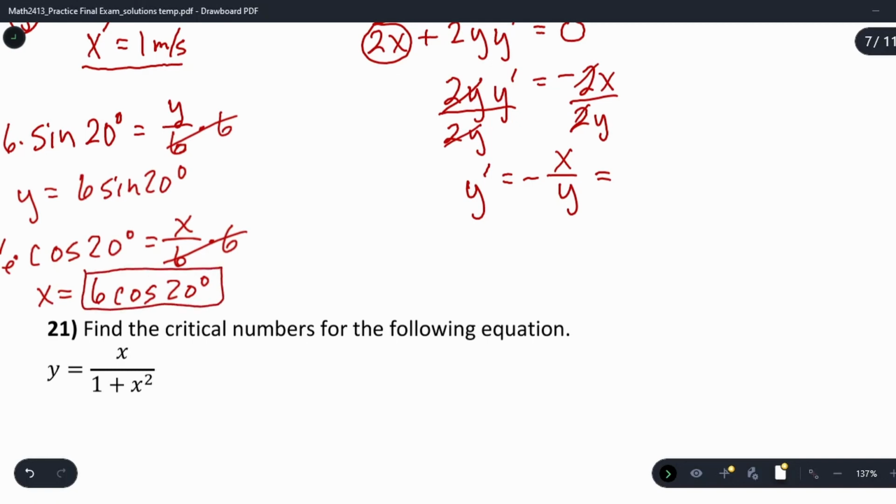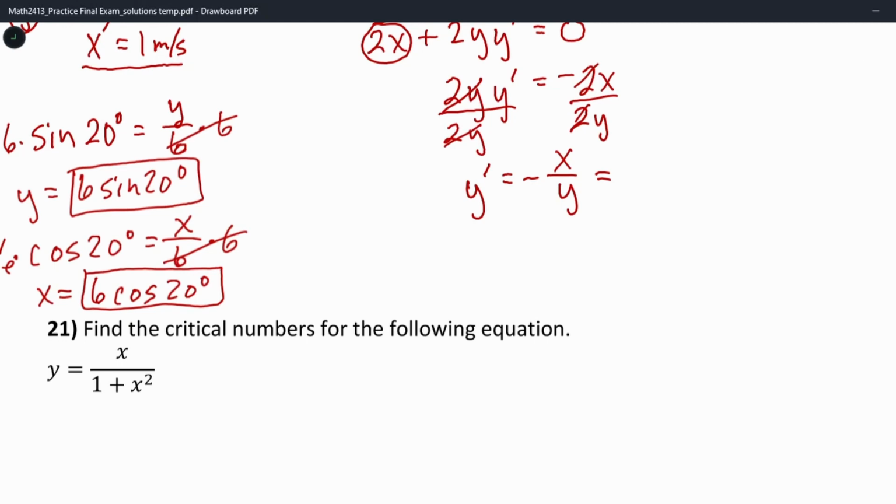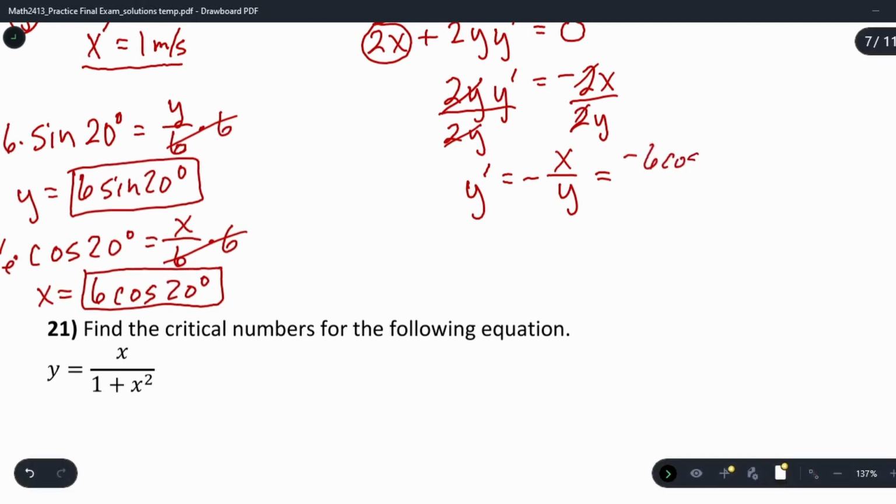Now that I know x and y, I can come over here and plug in. So x is 6 cosine of 20. Y is 6 sine of 20. Our 6's will cancel. We know that cosine over sine is cotangent.